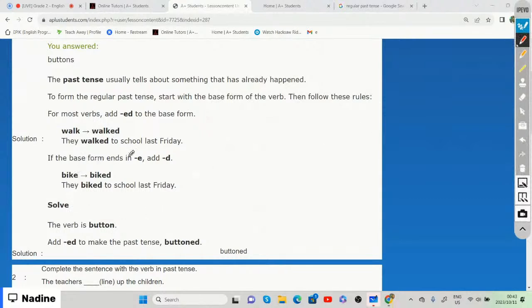And if the base word ends in e, for example bike, here we have our base, which is bike.